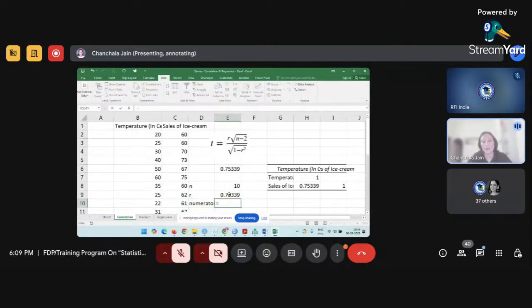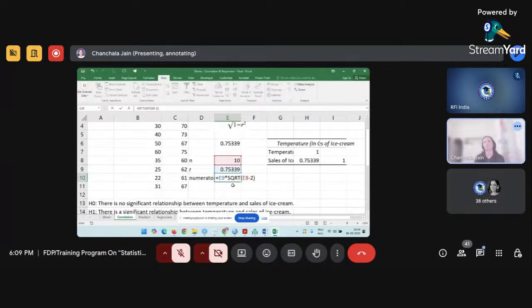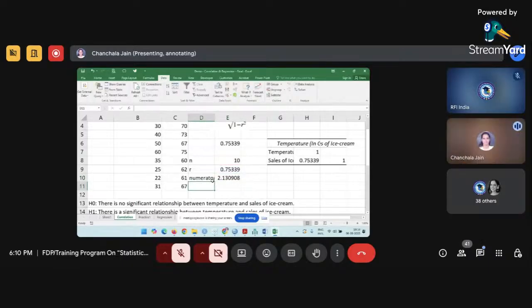It is R into square root of N minus 2. Done? So the numerator is 2.1309.